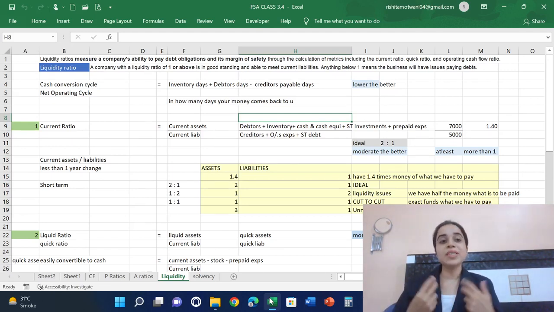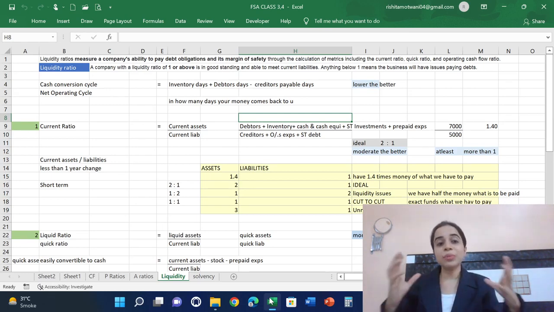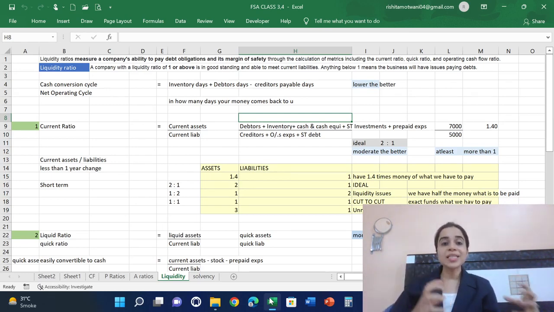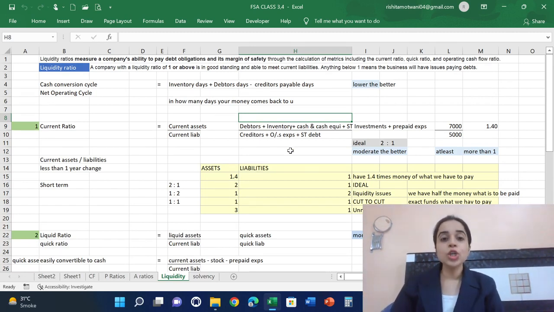Suppose I am saying the current ratio is 2. That means the company has twice the capacity to repay. That is, the company has assets of 2 lakhs and it has to repay just 1 lakh. So the company has twice the amount of money it has to repay. Right? So when you get the answer below 1, what does that mean?